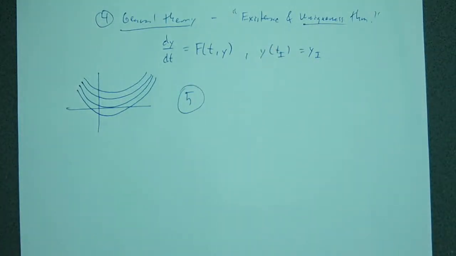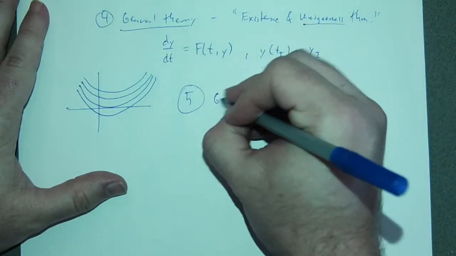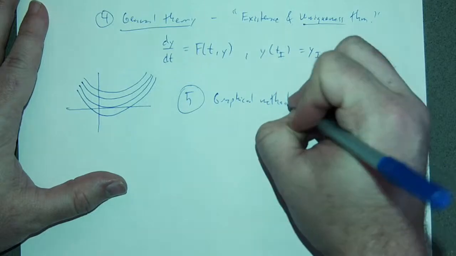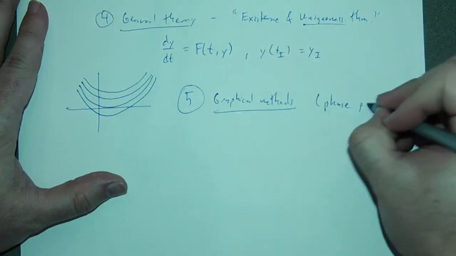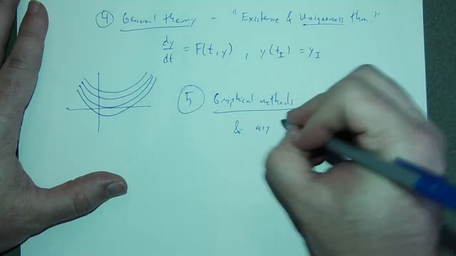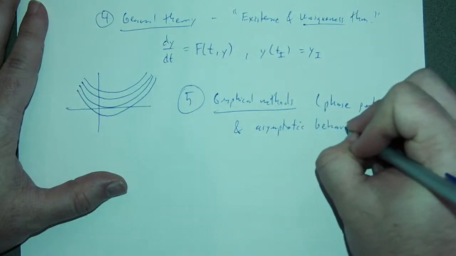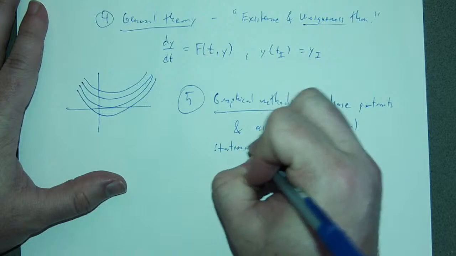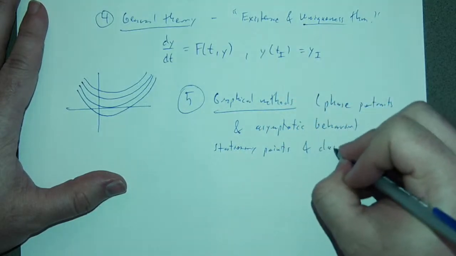All right. So next, I have applications, or maybe I should say graphical methods, which at this point means phase portraits and asymptotic behavior. So this includes identifying stationary points and classifying their stability.